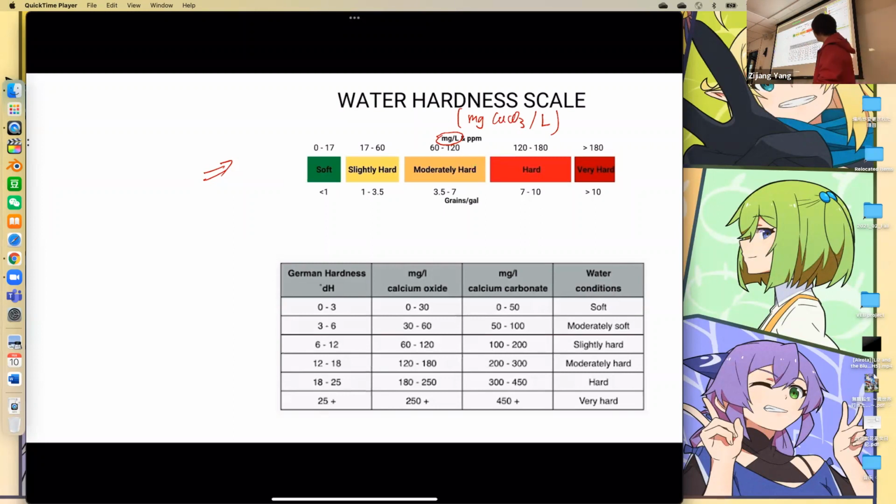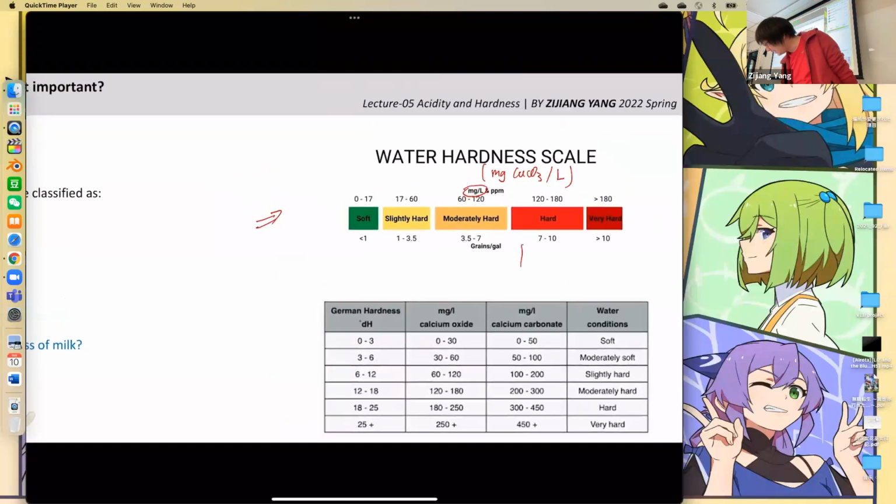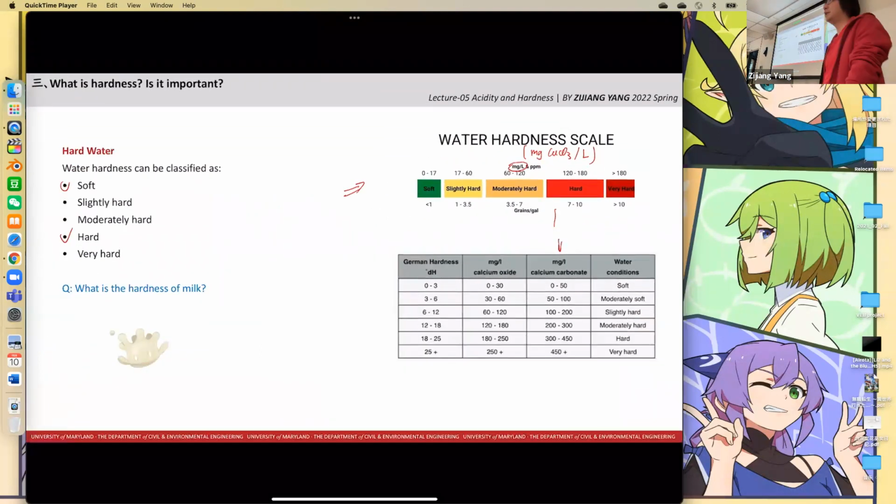And this is another one. Again, we have different amounts of calcium carbonate, and this one also has other types of classifications. The point I want to show here is that based on different sources or different literature, the classification may be different based on the value of the hardness.